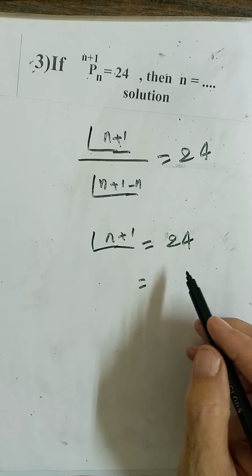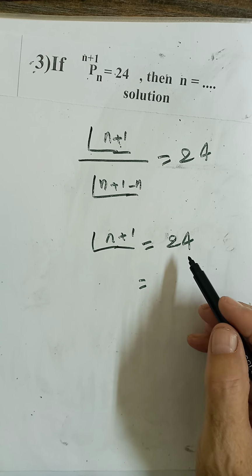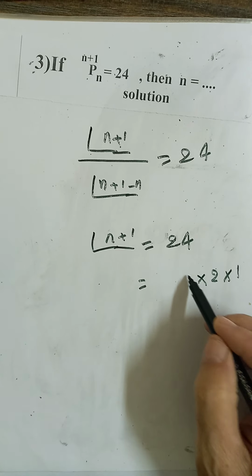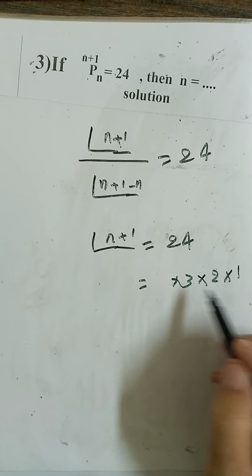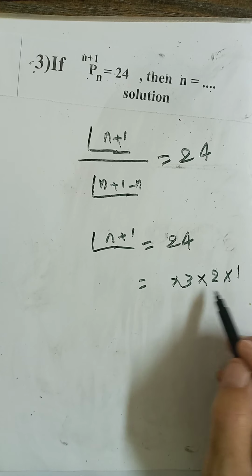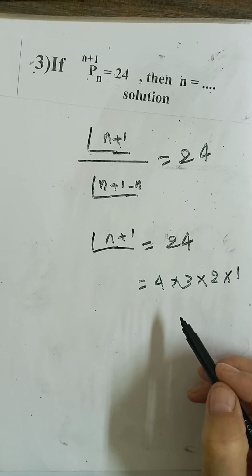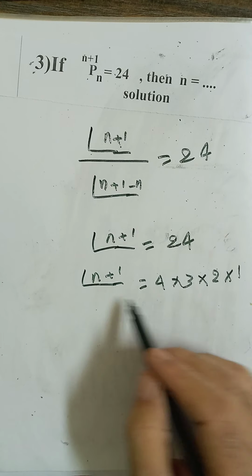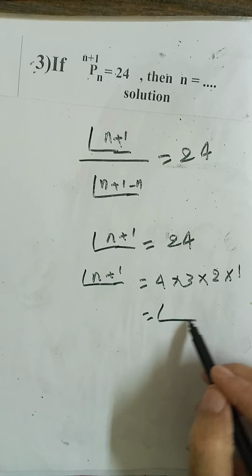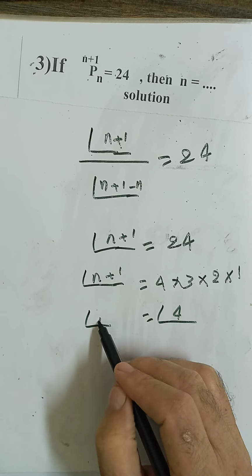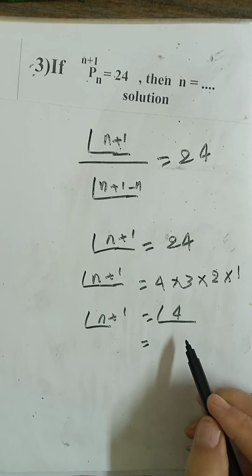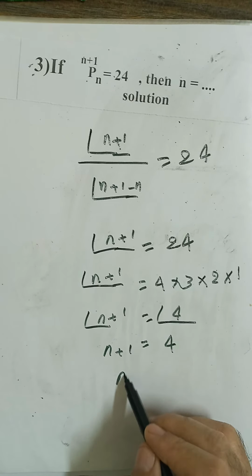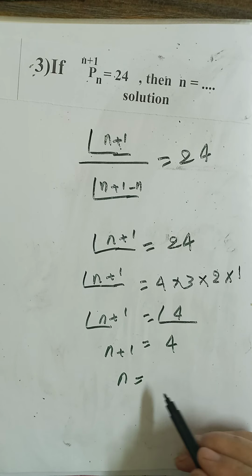You can factorize 24: 24 equals 1 times 2 times 3 times 4. The left hand side is factorial n plus 1, the right hand side factorial 4. So n plus 1 equals 4, n equals 3.